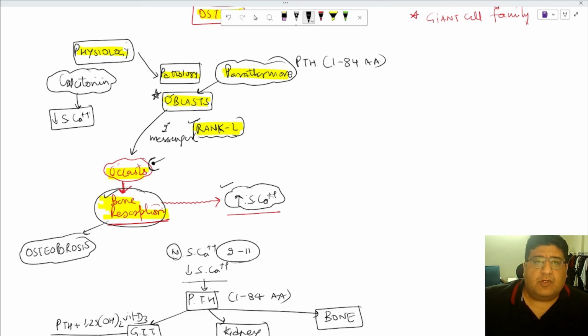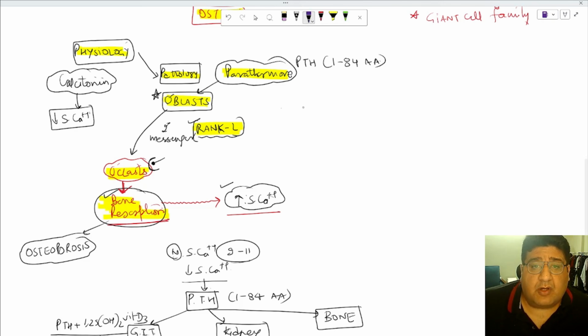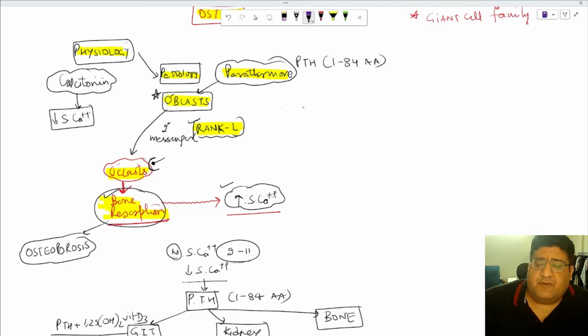So, when you want to stop osteoporosis, now guys, please be attentive. When you really want to stop osteoporosis, you have two ways. Forget about two ways. You have one way. That one way is that you inhibit this Rankle. Just think about it.